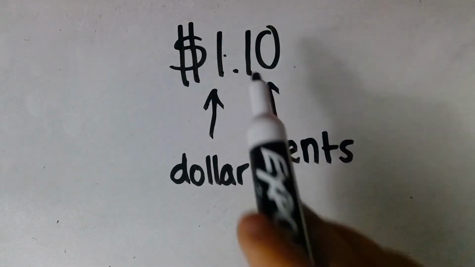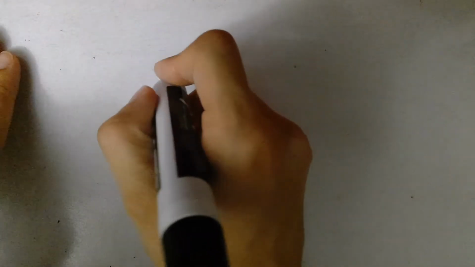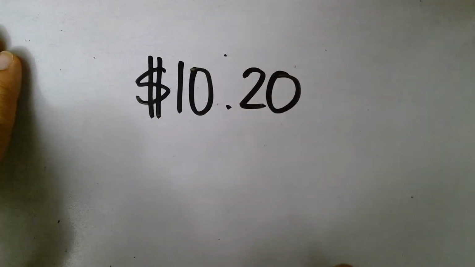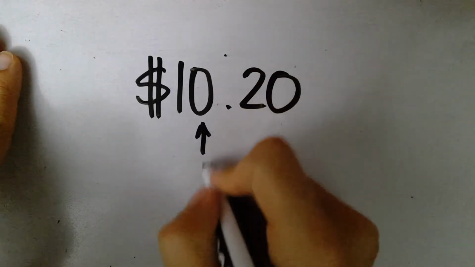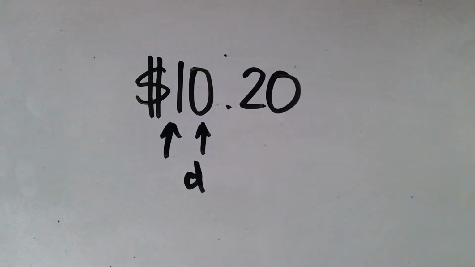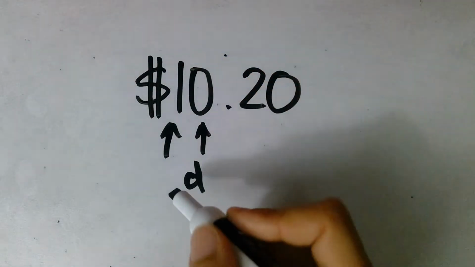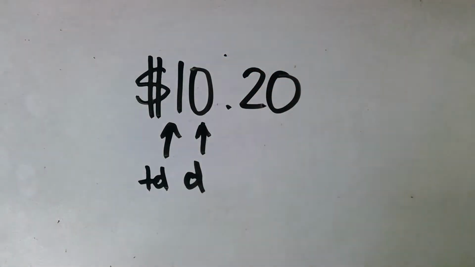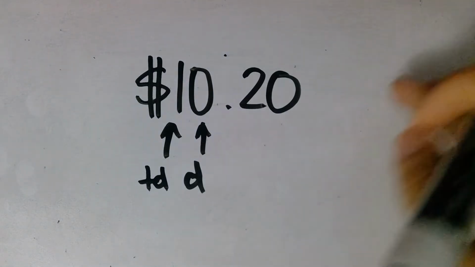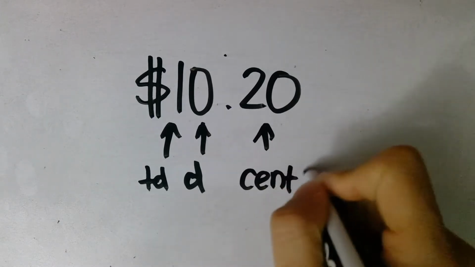Dollar, cents. If I had $10.20, this would be the dollar amount. I'll write a D. Just like with a normal number, this is the $10 amount. Okay, you'd be counting by tens. That's the cents.